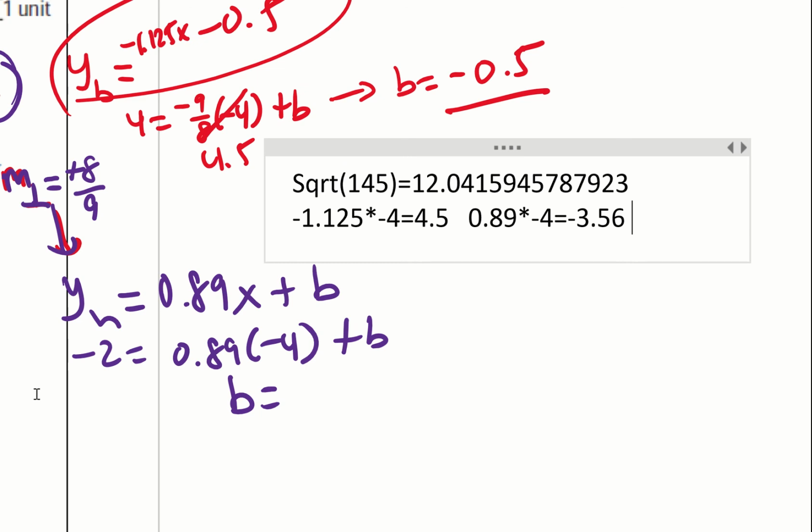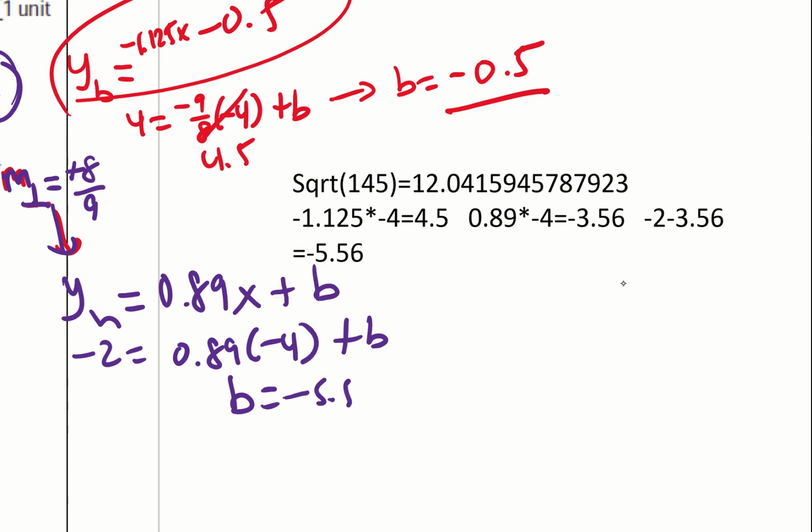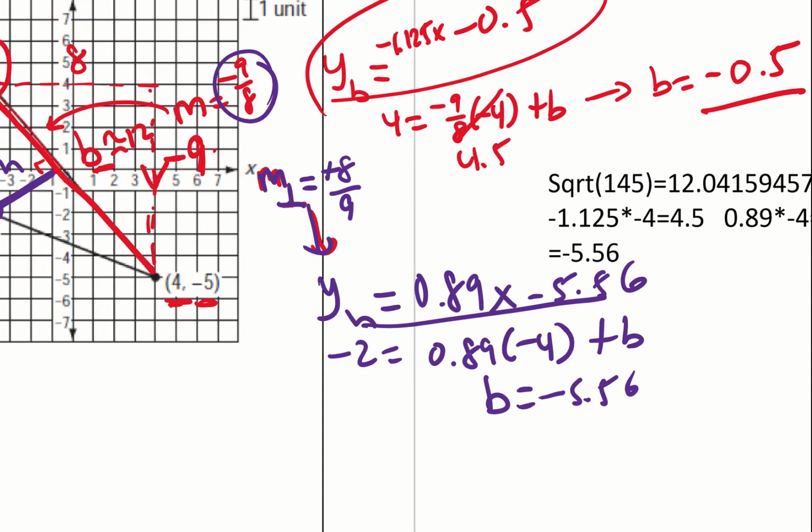If I add that to -2, which is the same thing as basically subtracting 2, so it's basically -2 minus that, I get -5.56. And so I'm going to change this to -5.56. It'll make life easier, believe me, having it as a decimal.